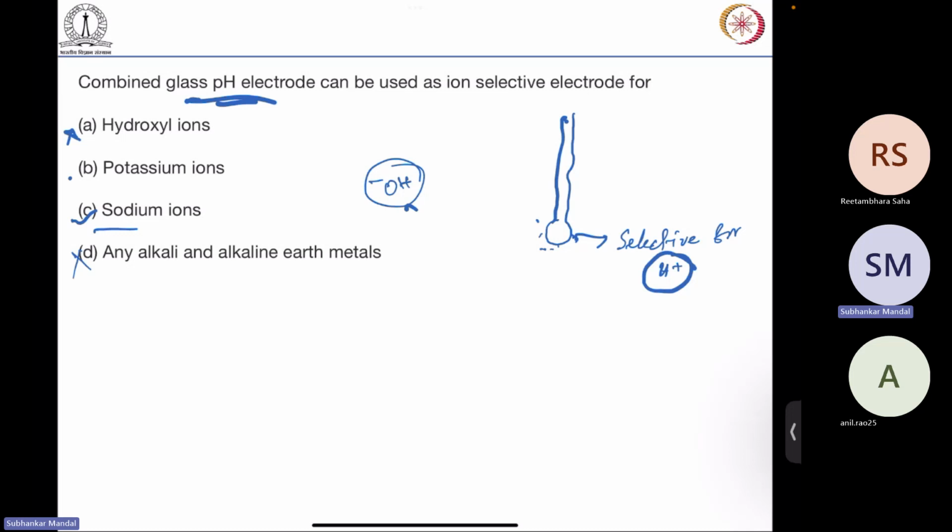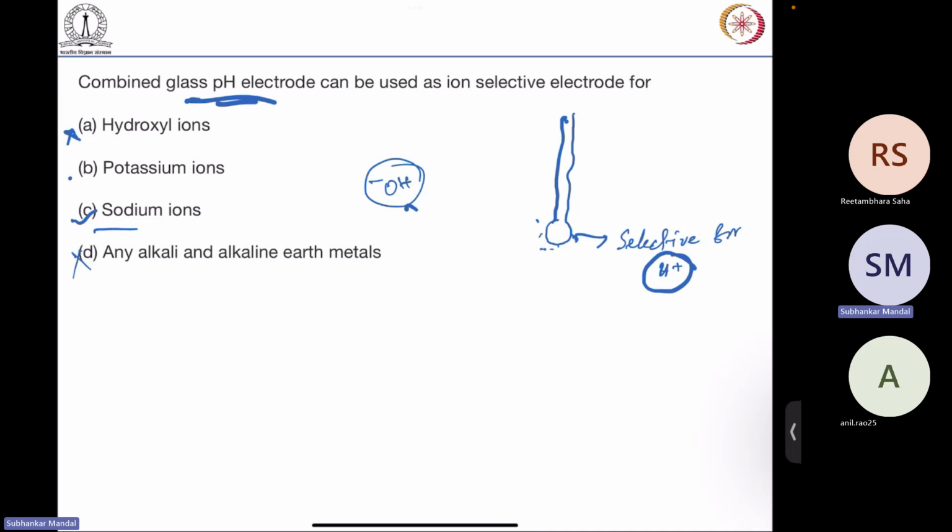Okay, and other things also we have seen: if you vary the composition, then it can be used for different ion selective membranes, basically an ion selective electrode.